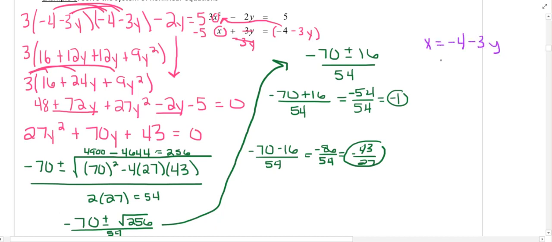Okay, so the negative 1, that one's easy. x equals negative 4 minus 3 times negative 1. So negative 4 plus 3, we get negative 1. So we get an x of negative 1 here. So we have the first ordered pair of negative 1, negative 1.